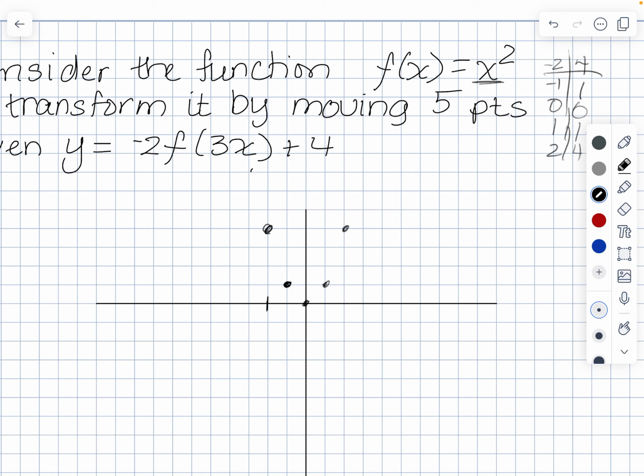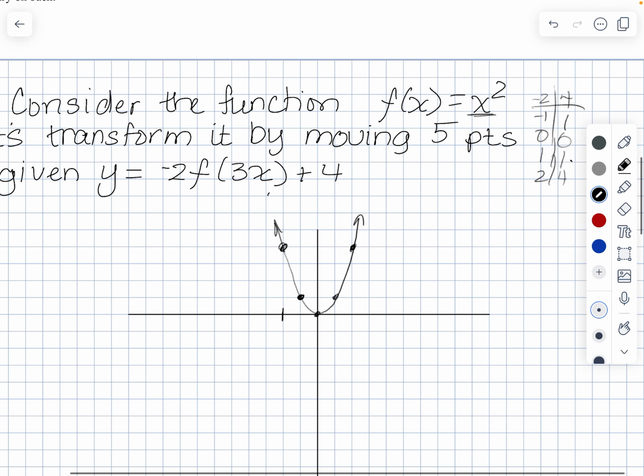So these are the 5 points that we would typically graph if we were doing a transformation of a quadratic. We would take those 5 points and put them through the transformation, the parent function.